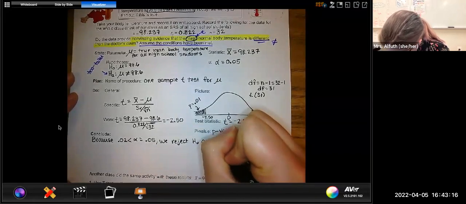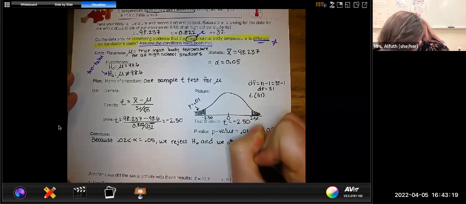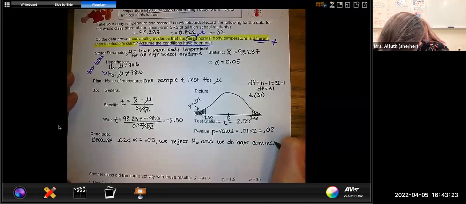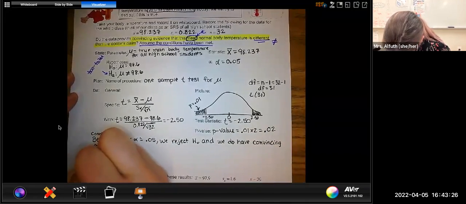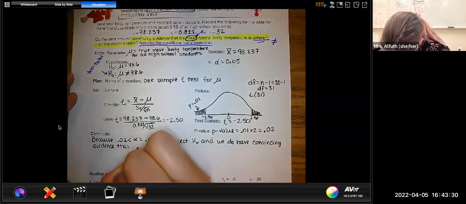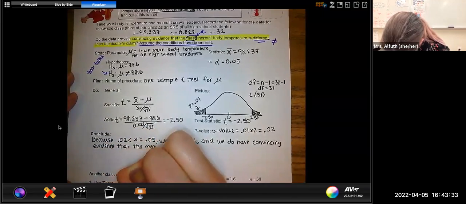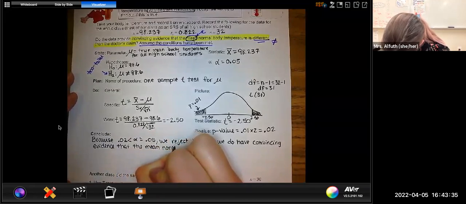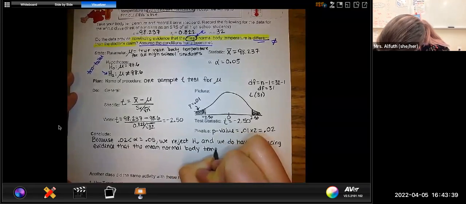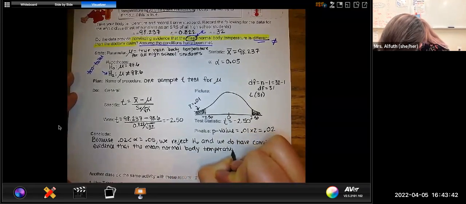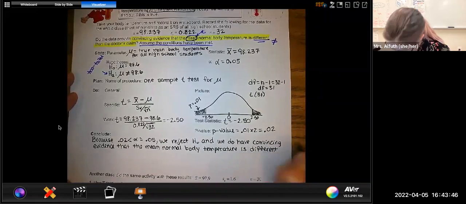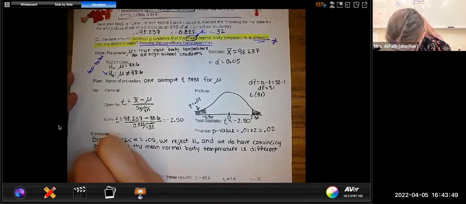And we do have convincing evidence that the mean normal body temperature is different than the doctor's claim.